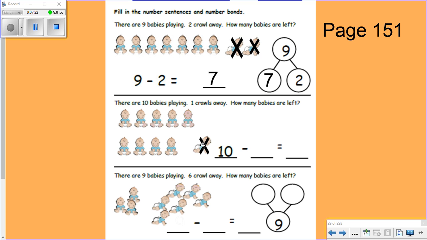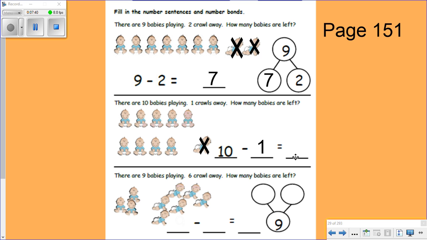X, the one that's crawled away. 10 minus, how many did we put an X on? That's what goes with the minus, the amount that was X'd out, just 1.